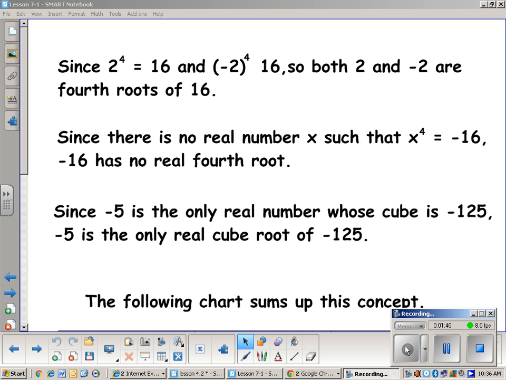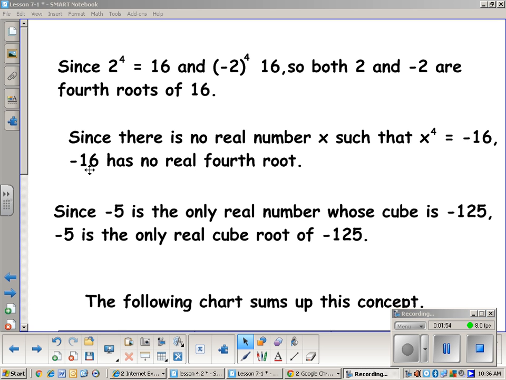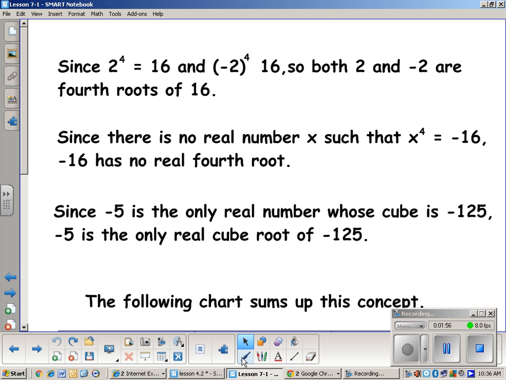Since negative 5 is the only real number whose cube is negative 125, negative 5 is the only real cube root of negative 125. So what we're saying is when there's an even power, a negative number has no real even roots. Okay?